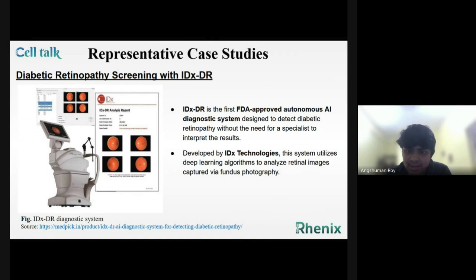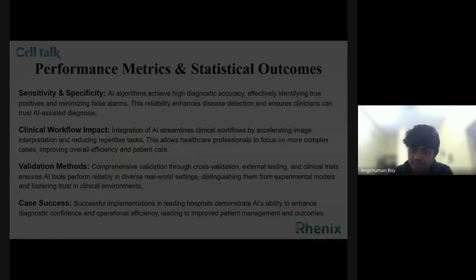Developed by IDx Technologies, the system utilizes deep learning algorithms to analyze retinal images captured by fundus photography. By automating this detection process, IDx-DR enables early diagnosis and timely interventions, significantly reducing the risk of vision loss in diabetic patients. This case study exemplifies how AI can seamlessly integrate with clinical workflows, enhancing diagnostic capabilities and expanding access to essential eye care services.